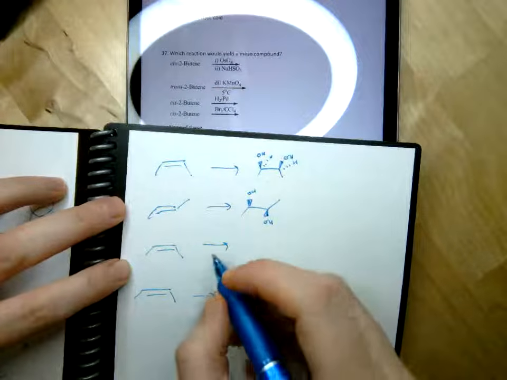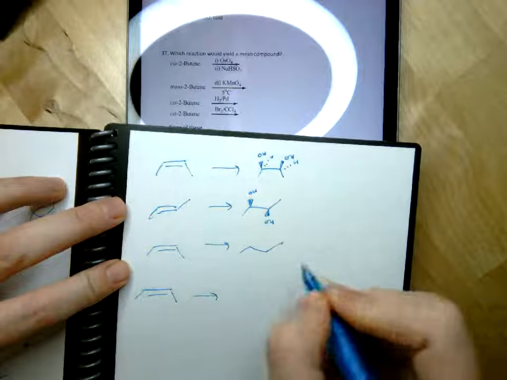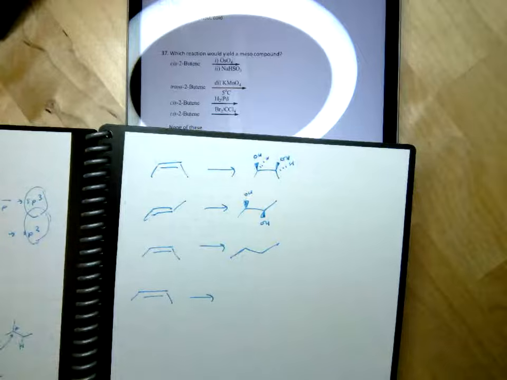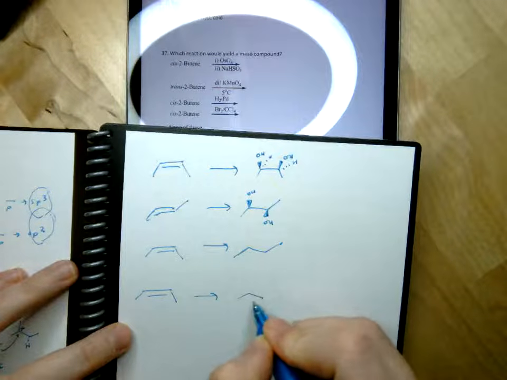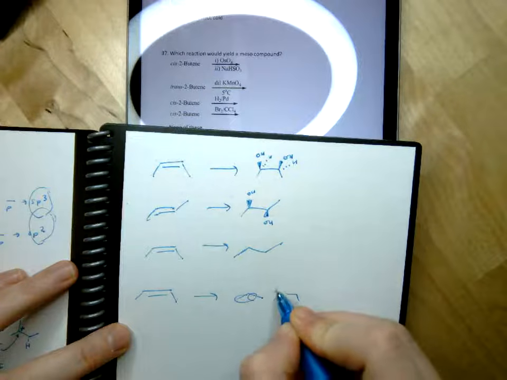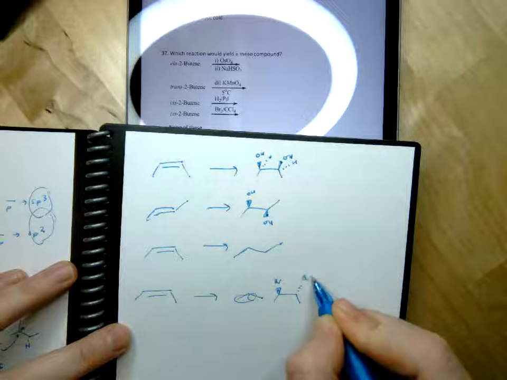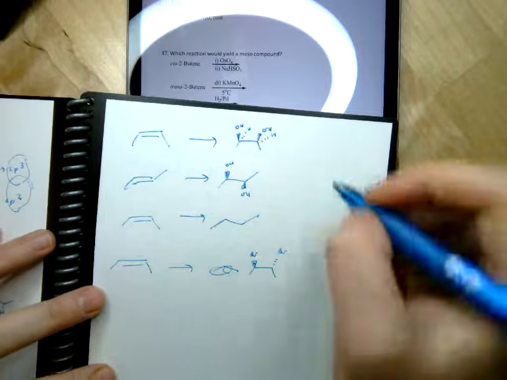H2 and palladium is just going to get rid of the double bond and turn it into an alkane. And then the last one, Br2 in CCl4, it's going to add, it's cis, 1 bromine as a wedge and 1 bromine as a dash. Okay, so that's what we have.